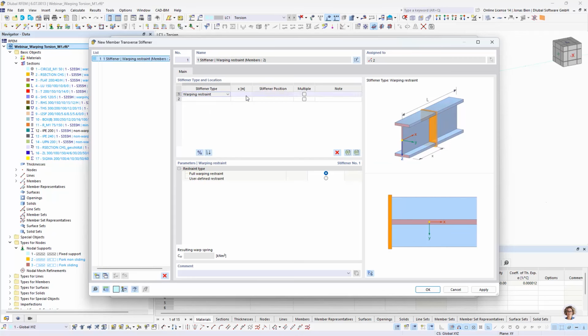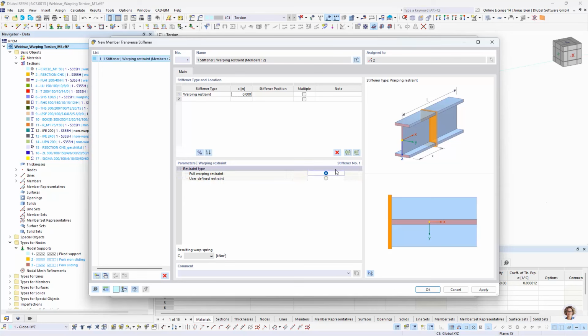And we want to take this to now add a warping restraint at the fixation of this cantilever, so at the left side. So I just generate a transverse stiffener type with a warping restraint at x equal to 0, and I want to add a full analytical warping restraint. I could also insert a warping spring here and give some value that I calculated based on maybe an end plate thickness or whatever.